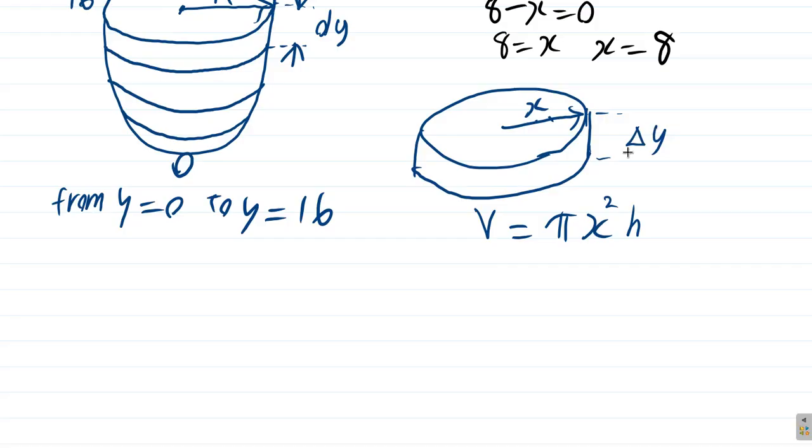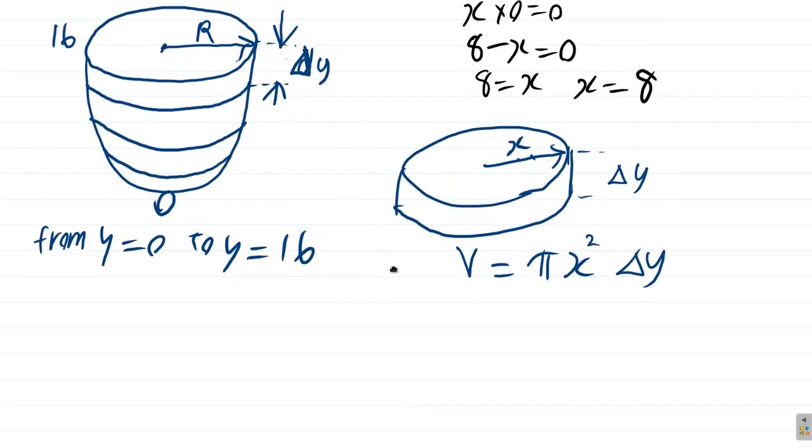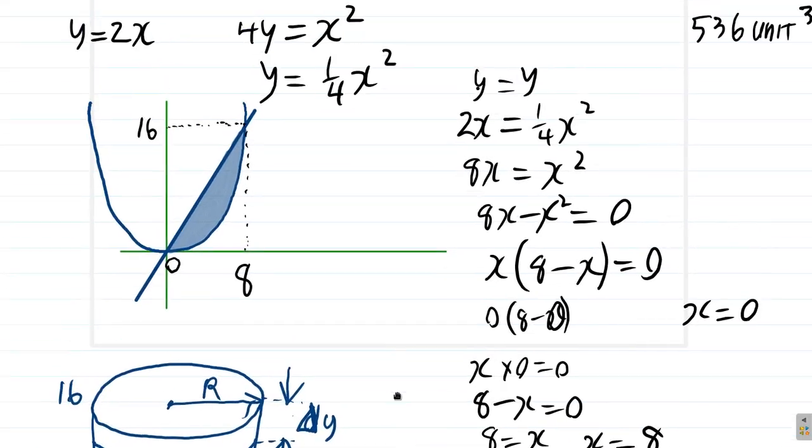It's really the uppercase delta we should use here instead of d, so the height is delta y. That's the volume of each slice, each element. Now, what is x?